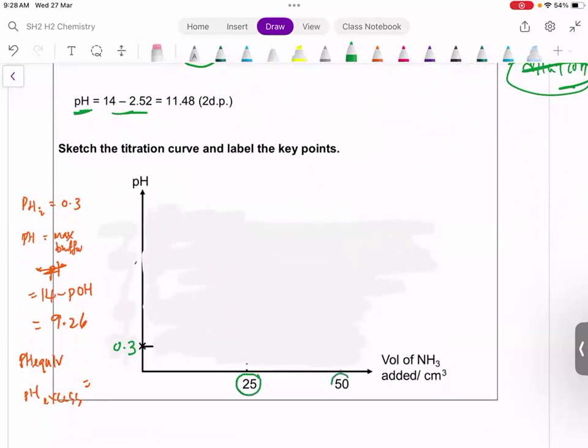This is where my max buffer is. Okay, so at equivalence point, I know that my pH at equivalence point must be less than 7 because it's an acidic salt. So this is where my 7 is. Okay, I just need to indicate where 7 is.